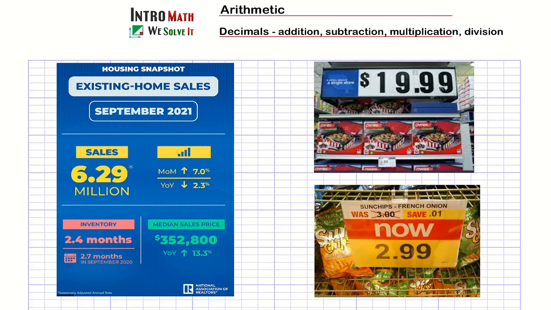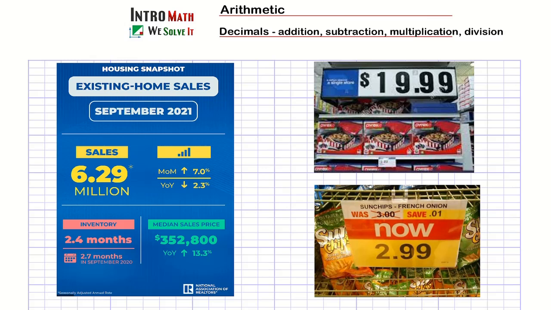You look at the left hand side, see this, the blue images from National Association of Realtors. You see decimals over there, 6.29 million sales according to them so far by September 2021. You see the other figure, inventory 2.4 months.